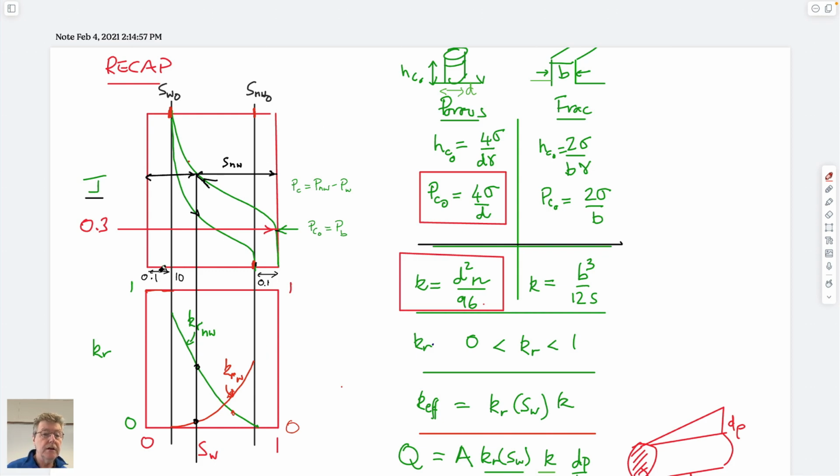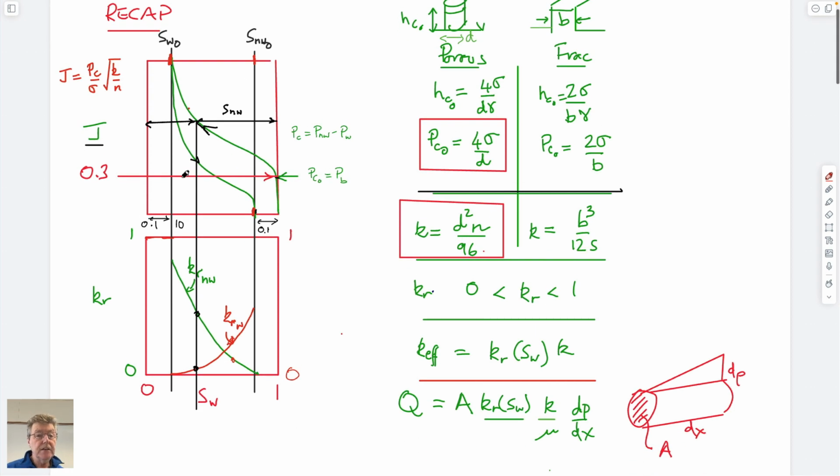which we call the Leverett function, where J is equal to capillary pressure over interfacial tension, times the square root of permeability over porosity, which we just plucked out of the air.